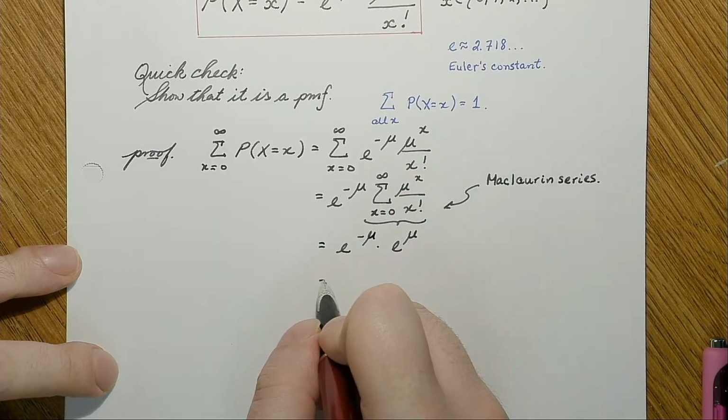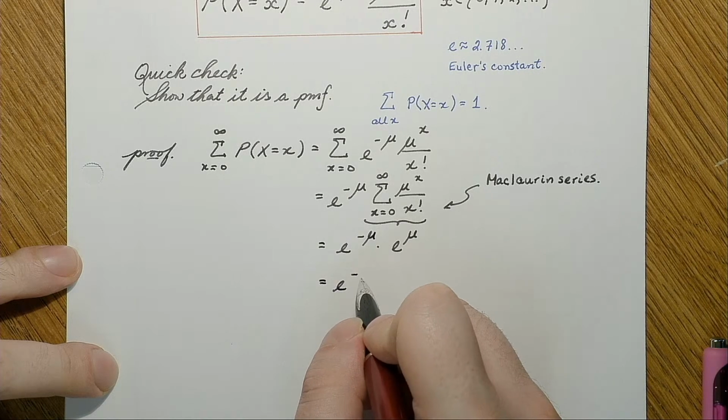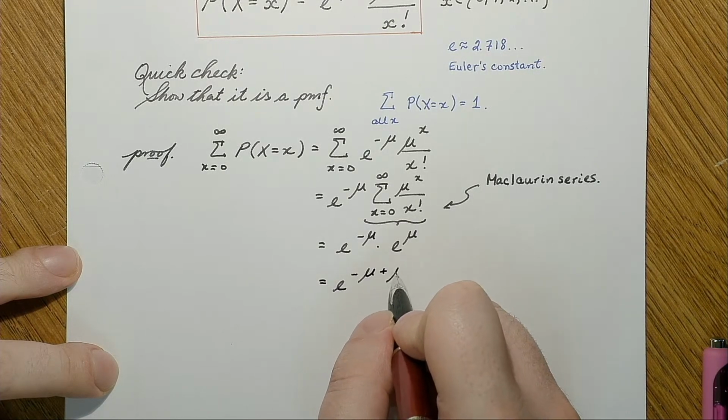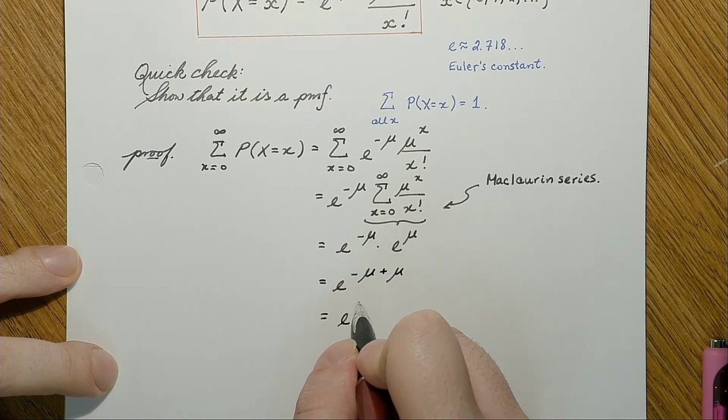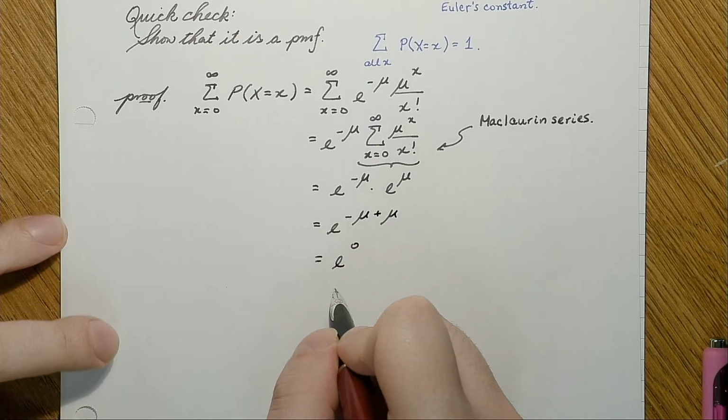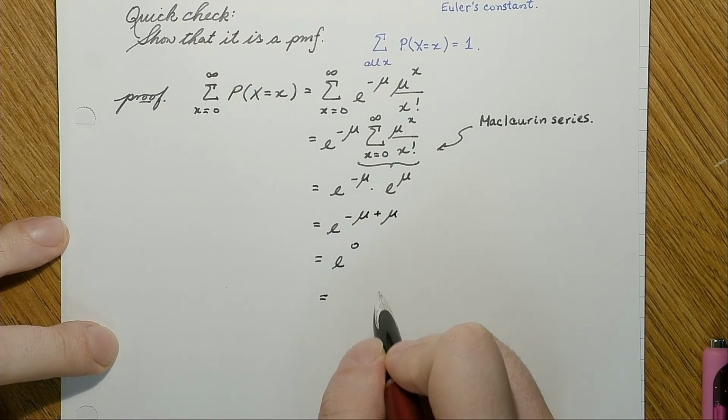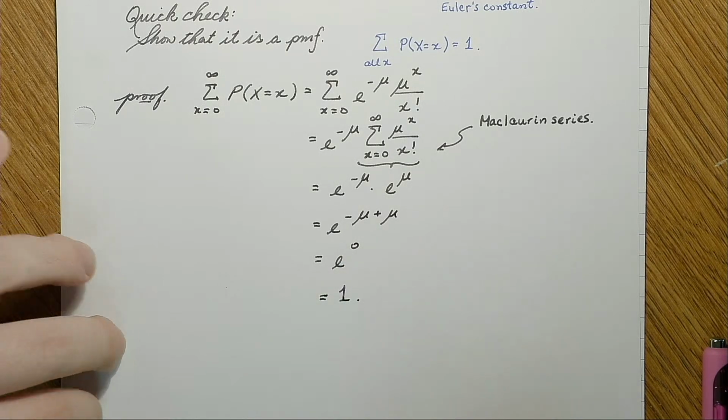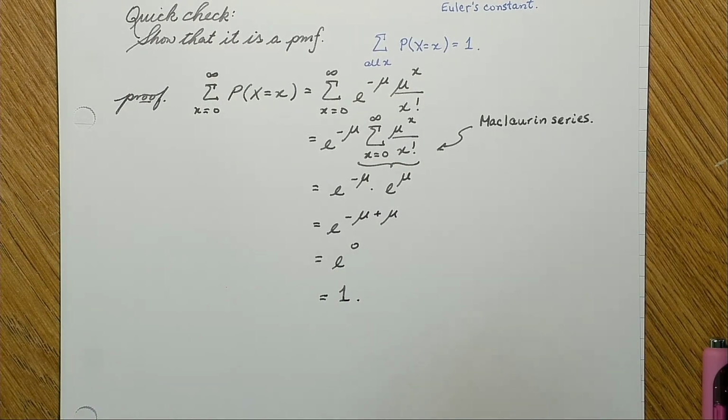And I can use my exponent rules. Minus mu plus mu equals 0, and anything to the exponent 0 is 1. So in fact, it is a probability mass function. Good.